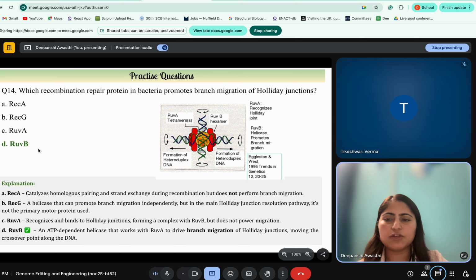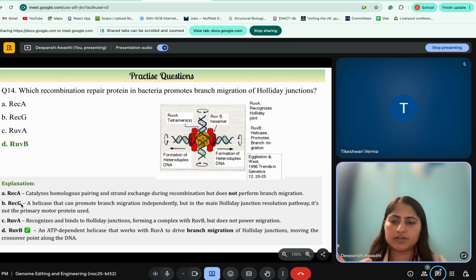So in this case, RuvB is mainly involved. RecA catalyzes the homologous pairing and strand exchange during recombination, but it does not perform branch migration. So this we have talked about, that homologous pairing and strand exchange, but branch migration is a different process, which is performed by RuvB.